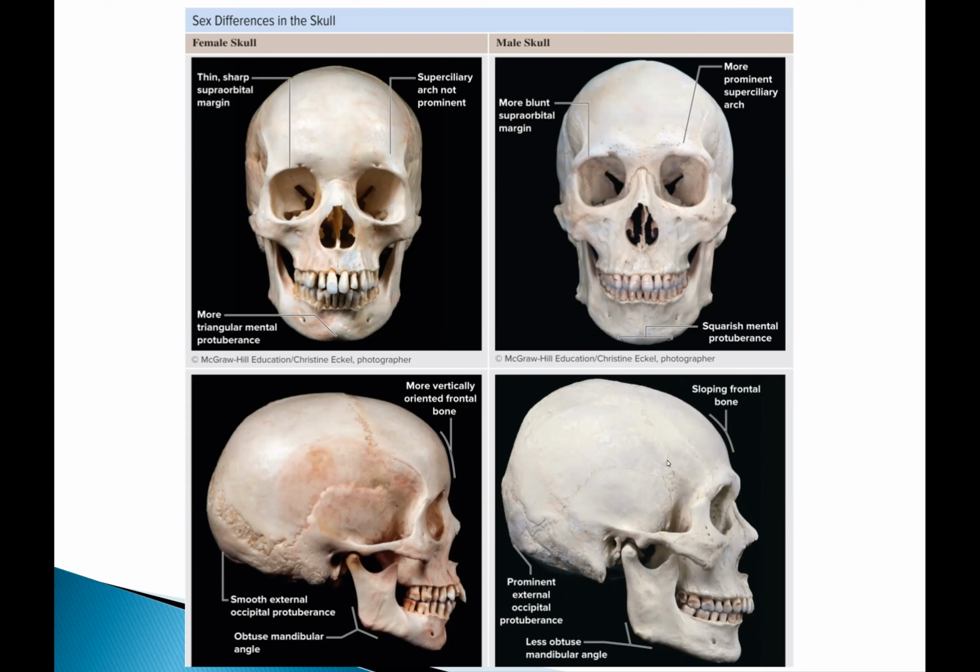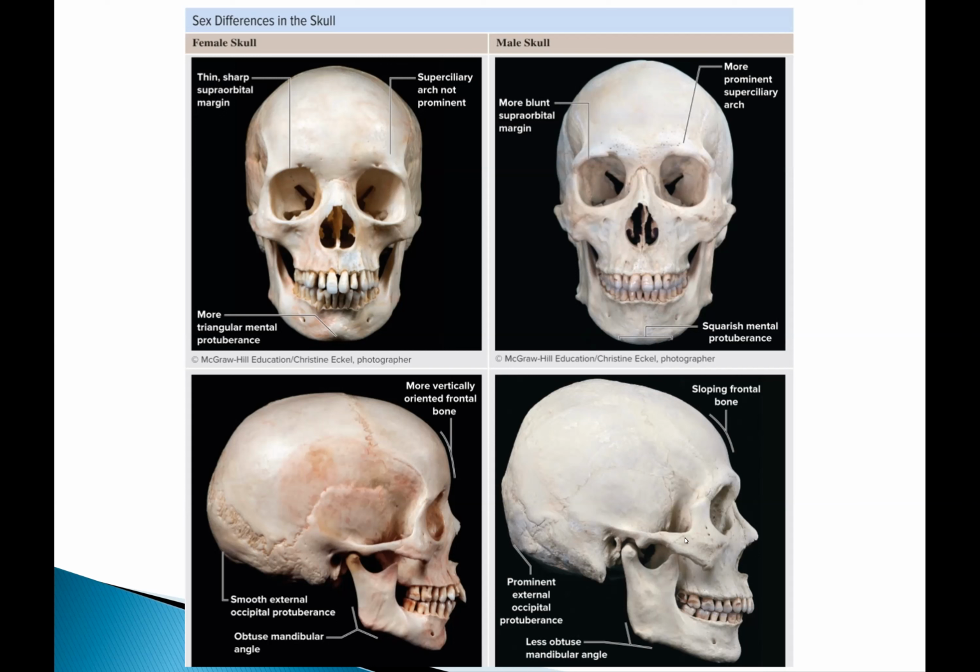If you look laterally on the skull, especially here, I want to point out, this is the squamous suture. I incorrectly said something else on Monday, but this is the squamous suture. There's the coronal suture. That's the pterion. If you look at the skull laterally, the male skull tends to be a little bit larger and round.